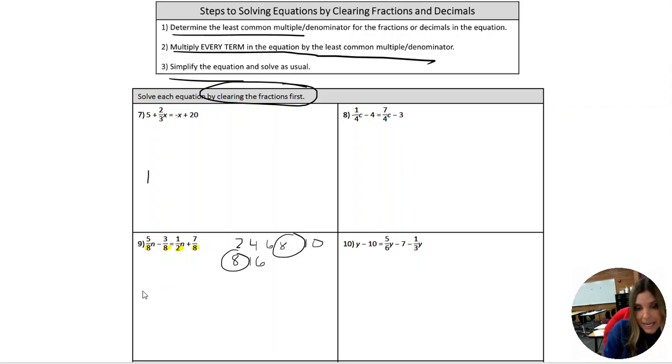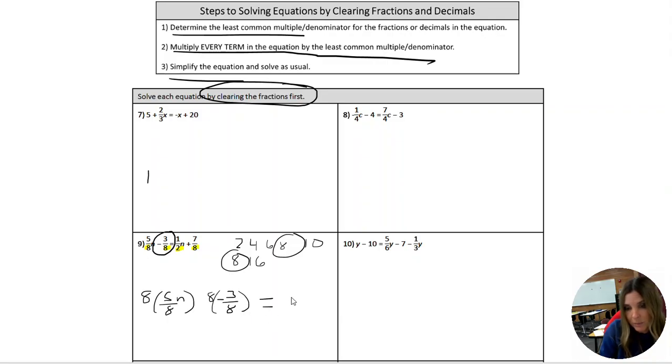So I'm going to take and multiply the 8 by 5/8 n. I'm going to multiply the 8 by a -3/8. Okay, notice how there is a subtraction sign in front of this term, so you have to remember that that's a -3/8.